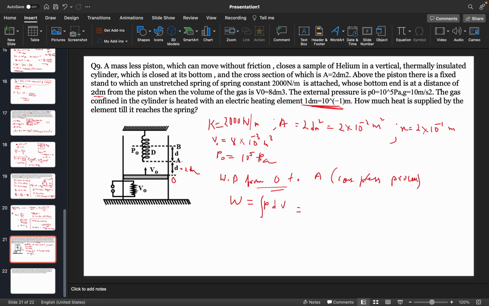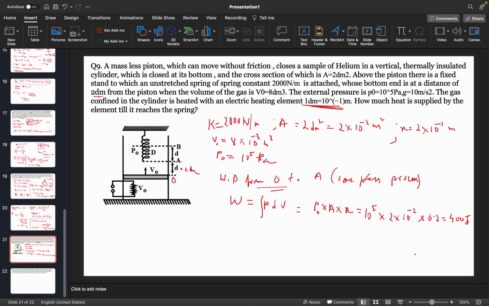So that will be P naught into area into X. That's it. Okay, so P naught is my 10 to the power 5. Okay, my area is 2 into 10 to the power minus 2, and my X is 0.2. Okay, so that is equal to 400 joule. Okay, so 400 joule.